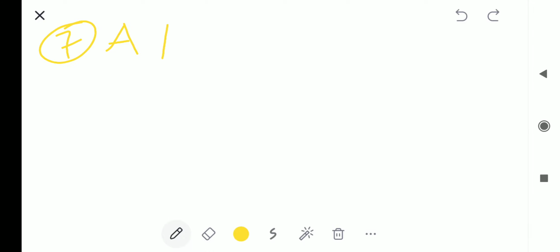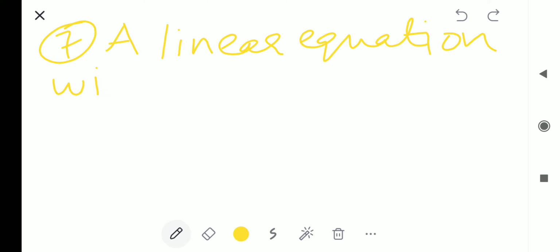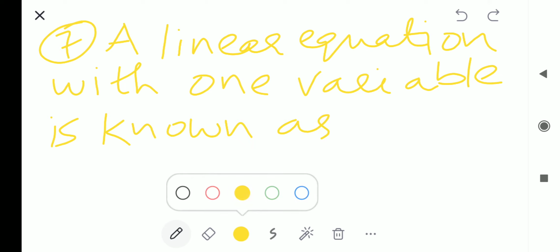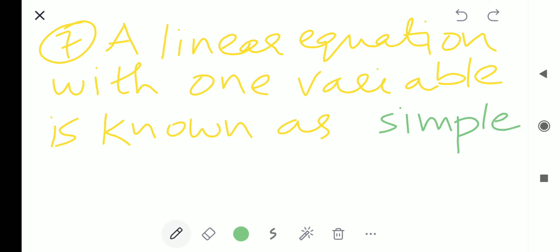Next, point number 7. A linear equation with one variable is known as a simple equation.